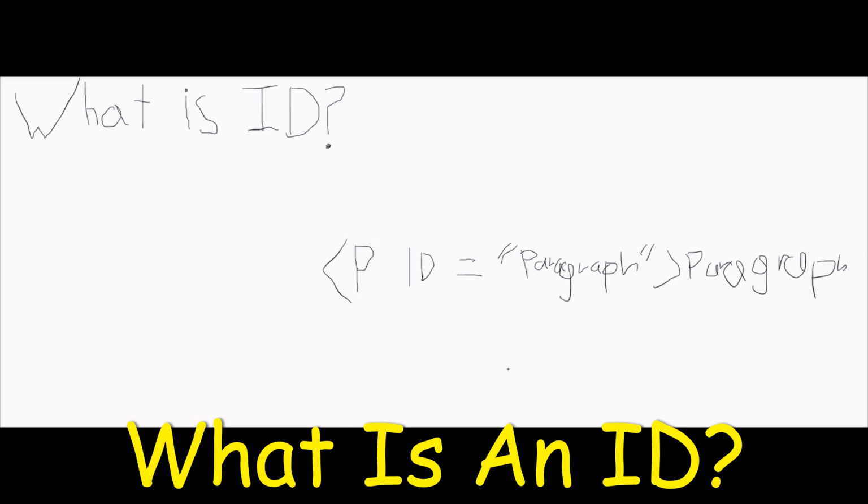And then we need to end it with a closing P tag. And good, we've created an ID, so now we need to assign it.